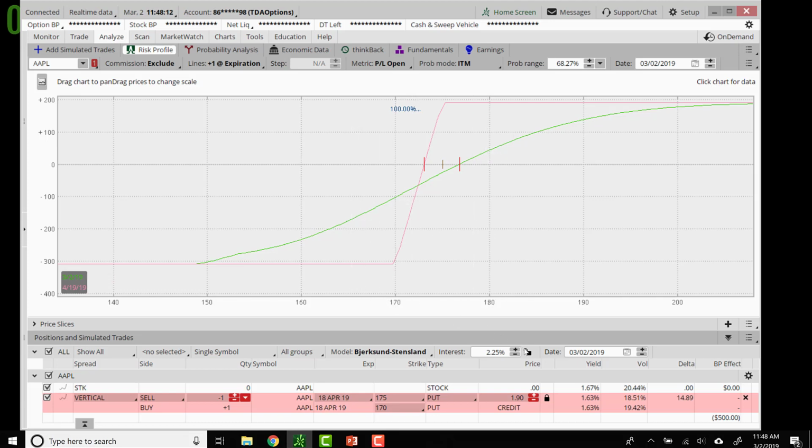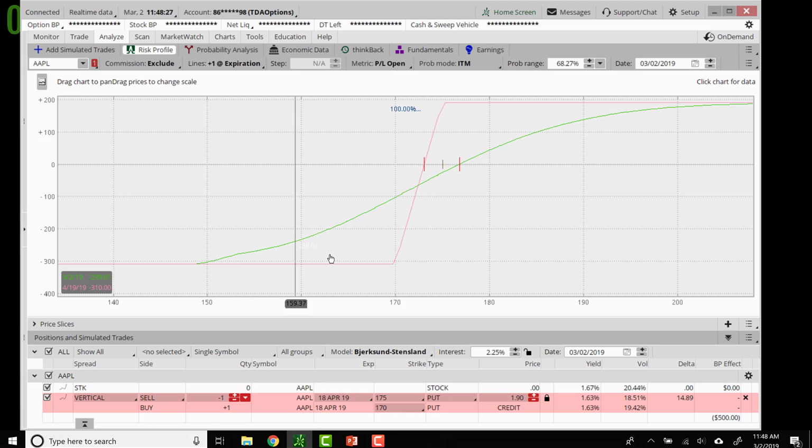And if you look at the buying power, it is just $500 because that is the maximum width of this vertical spread. Okay, so this is an example of a put spread.